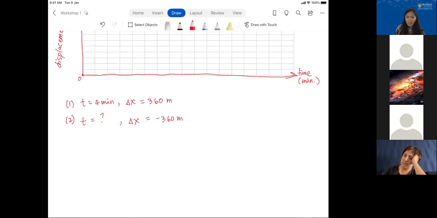So you went back 360 meters, negative, towards your lecture theater. We have to figure out how long it took you to go back for your notebook, and we know that the velocity is negative 3 meters per second when you jog back.